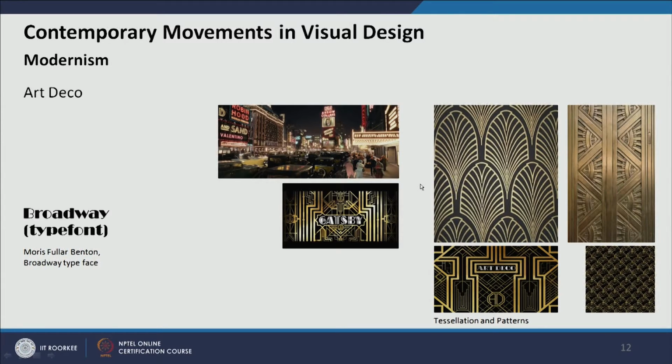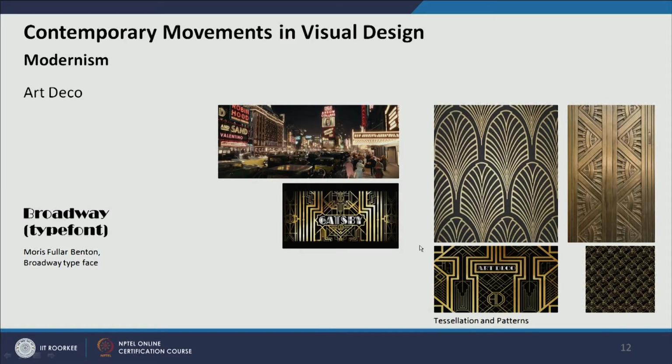And here this kind of interior work, this is a door. These kinds of patterns evolved in Art Deco. Here you can see some patterns which clearly resemble the Art Deco style. If you want to translate the Art Deco style into a digital platform, or create a visual that gives a connotation of Art Deco, you have to use this kind of typography, these kinds of forms, textures and patterns.